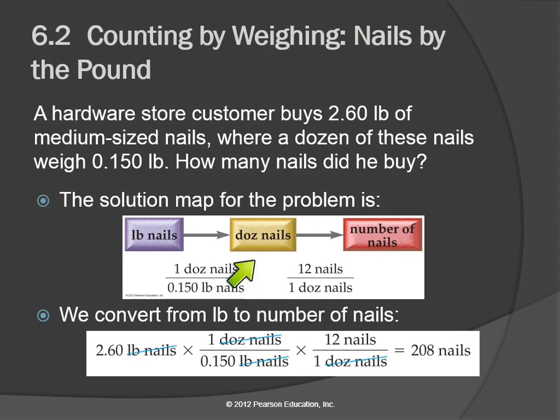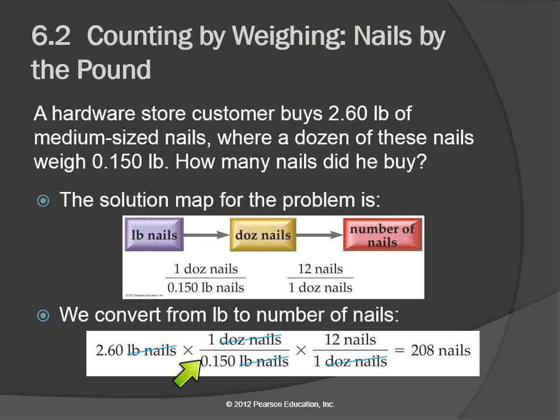Well, the relationship is that we know that 1 dozen nails weighs 0.150 pounds. So our path will be pounds of nails, to dozens, to number of nails. And so we'll take our 2.60 pounds, we will multiply by the dozen per 0.150 pounds.